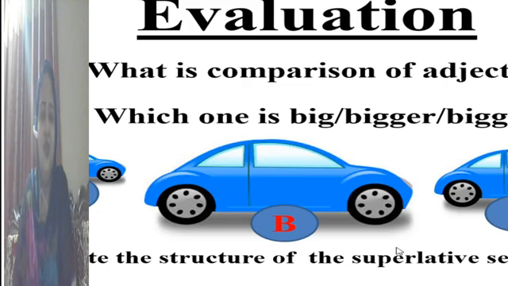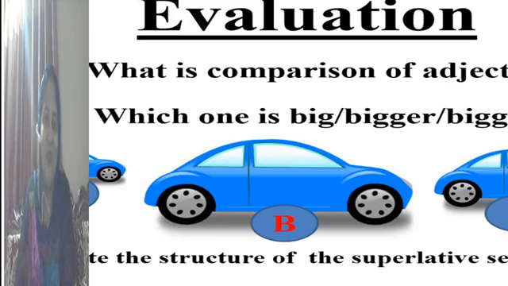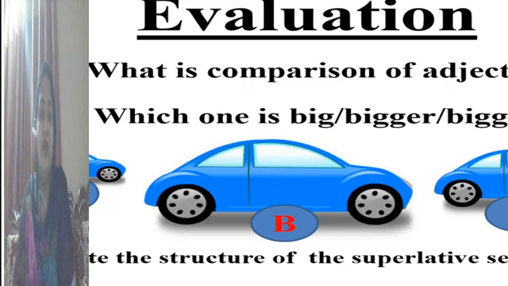If I ask you to tell me the structure of the superlative sentence, what do you think? Is it very difficult for you? No, I know, because today we discussed the structure of superlative sentences, and we gave some examples also. So what is the structure of a superlative sentence? See, for example, if I say I am the best person in this class.